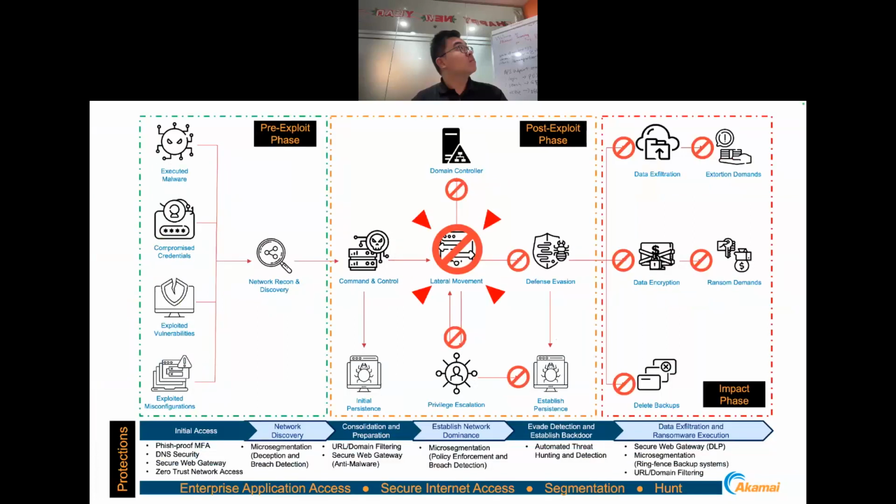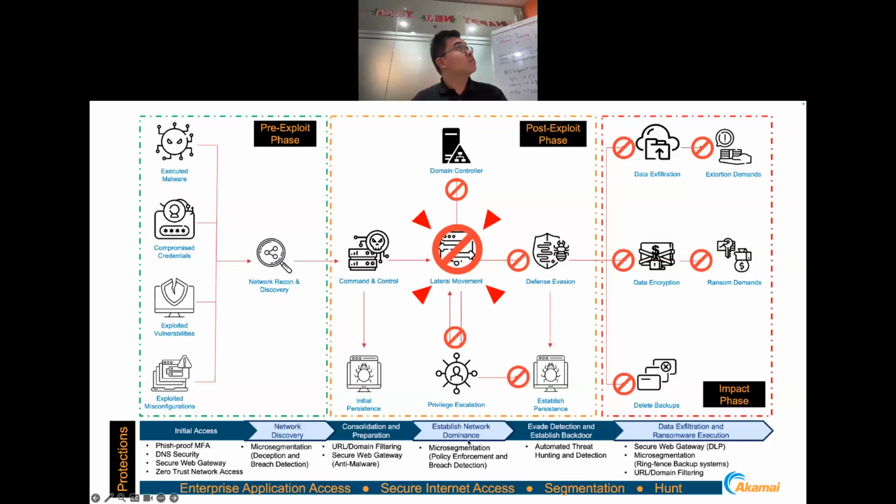But if we are going to stop this attack from happening, those are the solutions that we are able to implement in the customer environment. Of course, when you look at this diagram, it includes some other solutions that Akamai has, like secure gateway or zero trust network access. But more importantly, you can see where our microsegmentation can be located.